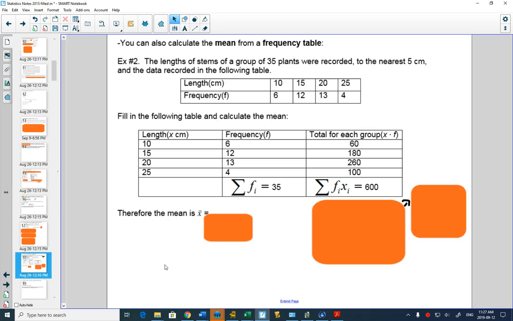F with a little i, x with a little i. The little subscript i is just saying, do each of them: first value times first frequency, second value times second frequency, third value times third frequency, fourth value times fourth frequency. Here the f is the frequency, the x is the value.